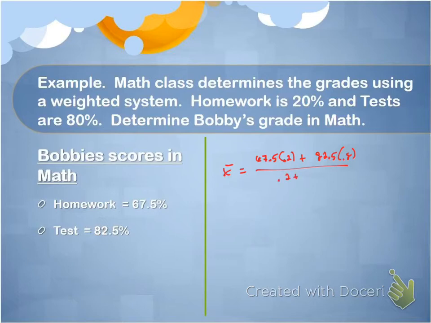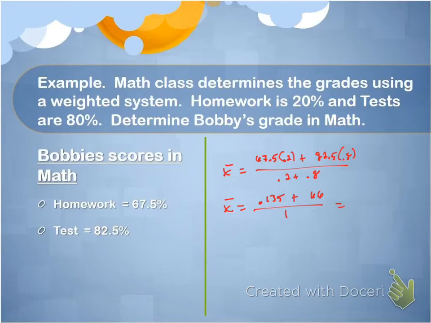Now with scores like this, kind of interesting thing happens. So if we take 0.675 times 0.2, right, or we can take the percentages and do the same thing, but we get 0.135 plus 82.5 times 0.8 gives us a 66. Now 0.2 plus 0.8 is just 1.